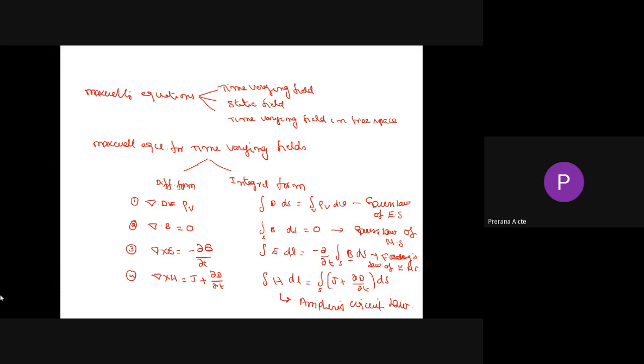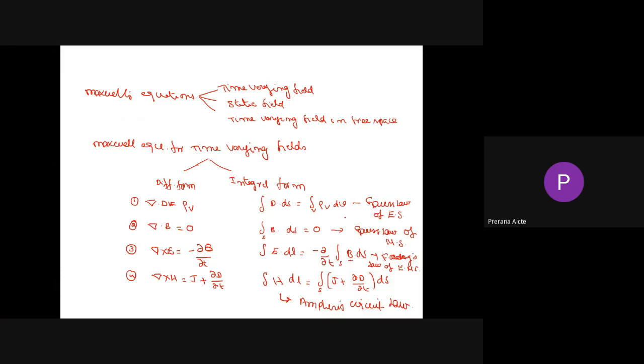So both sides integration: integral of del dot D is equal to integral of rho V, taking the integrations on both sides for this equation. So integral of D dot dS, that is the surface integral, is equal to integral of rho V dV.